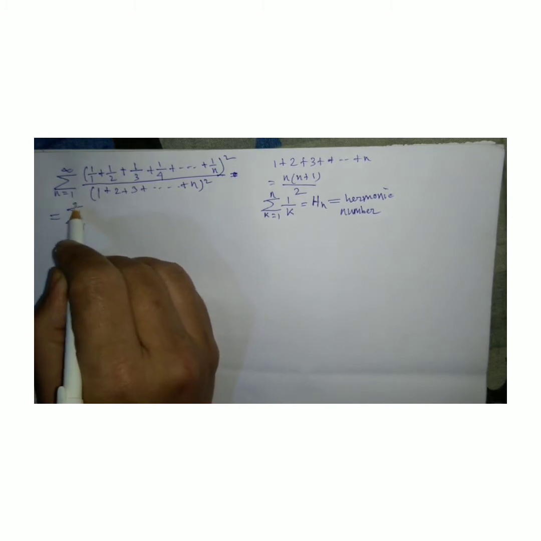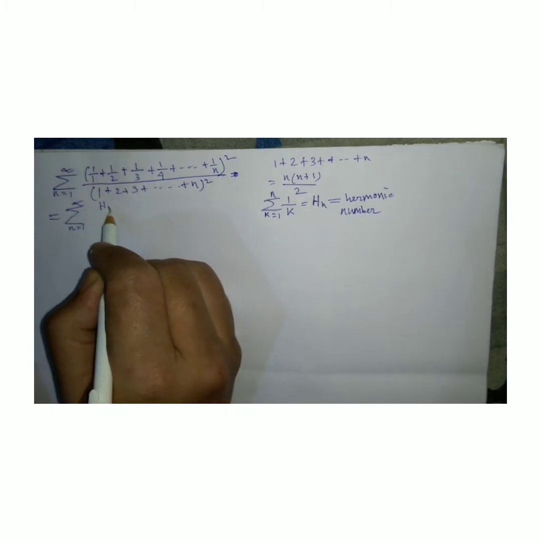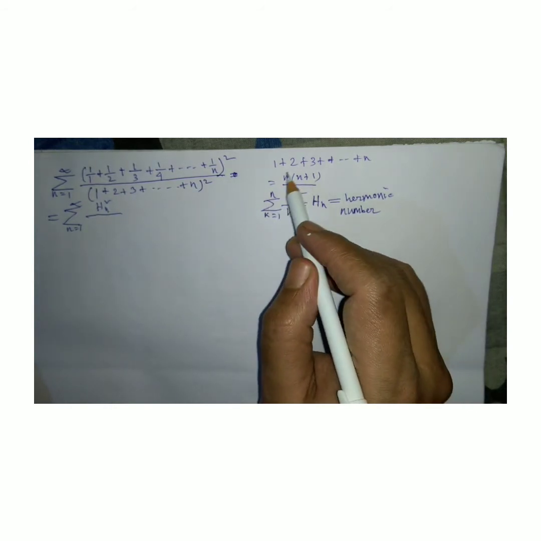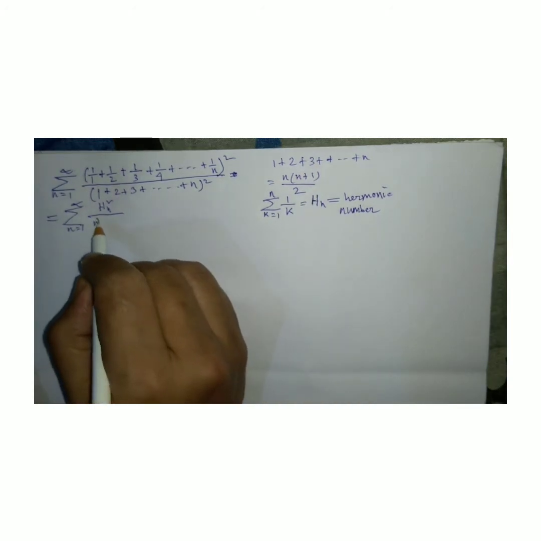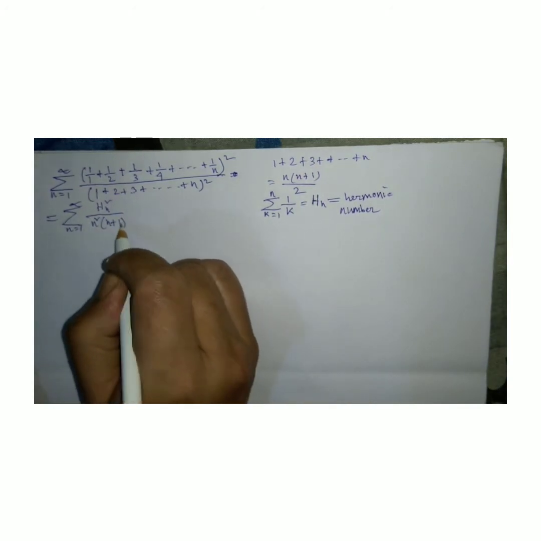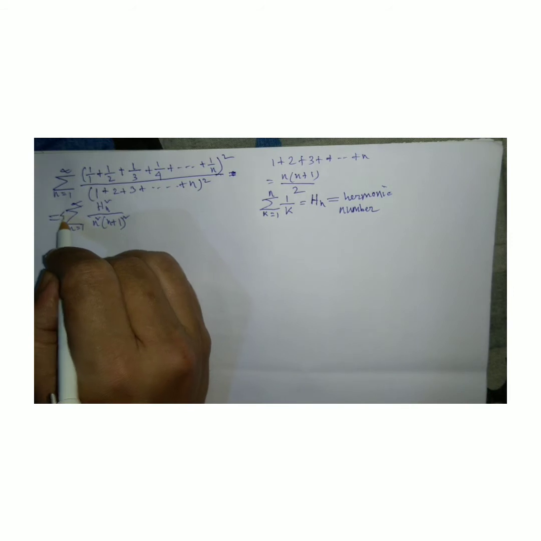I write this is Hn square, friends, and if you see this n into n plus 1 divided by 2, this is n square into n plus 1 whole square, and 4 will multiply in here.